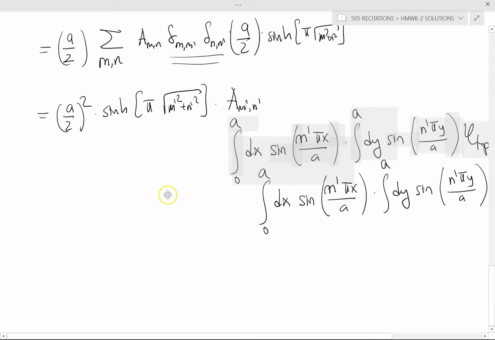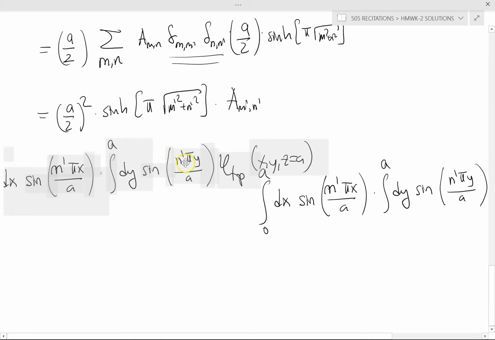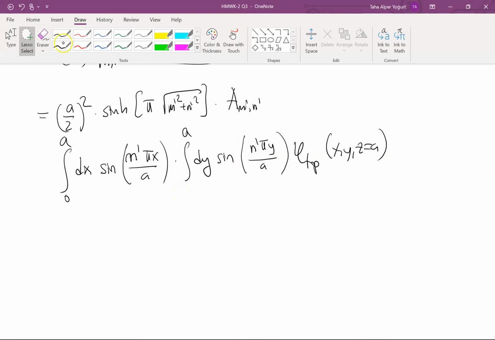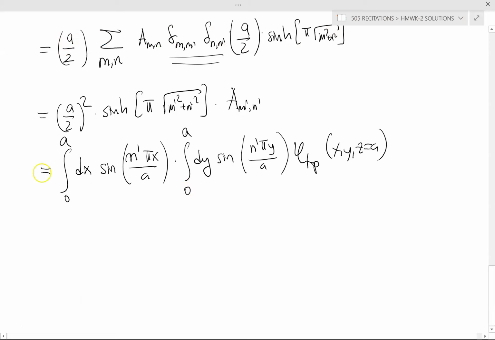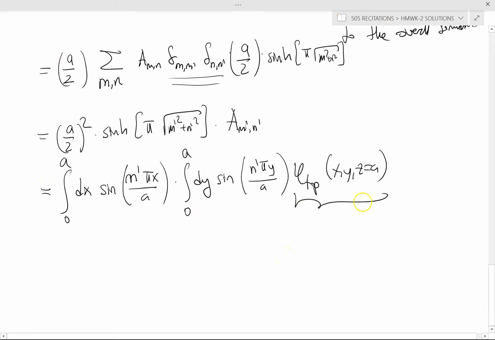Sorry, let me bring it over there. Again from 0 to a. Nice. But what is it equal to? We know that it is equal to V now.